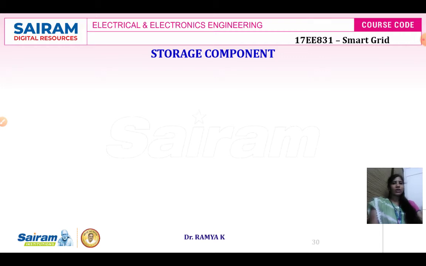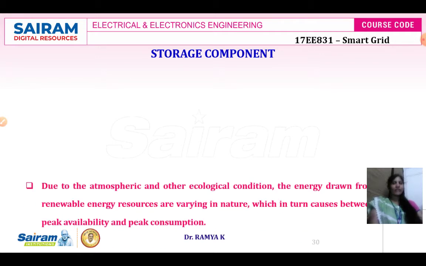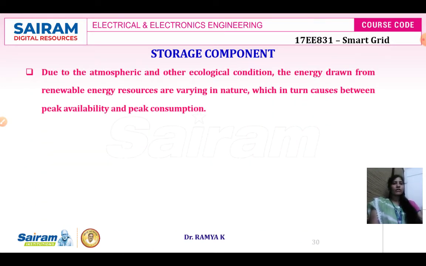It will vary according to the atmospheric condition and other ecological conditions. During natural disasters also, there may be chances for the amount of power to vary in the case of a solar PV system. So due to this varying nature, the power output from the renewable energy source is going to vary. Therefore, we need to connect the energy storage system.